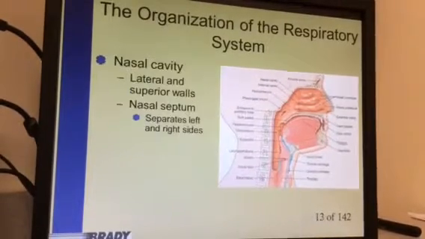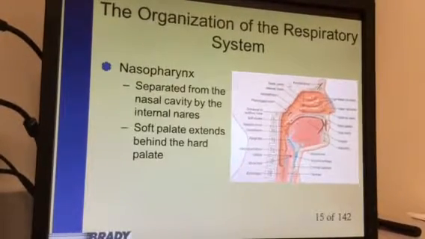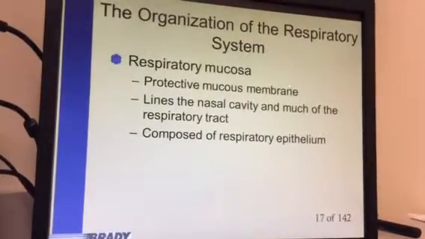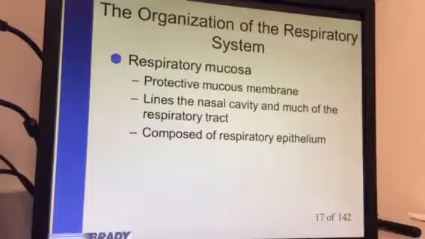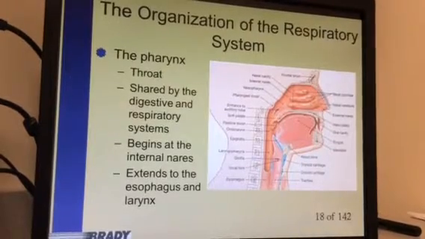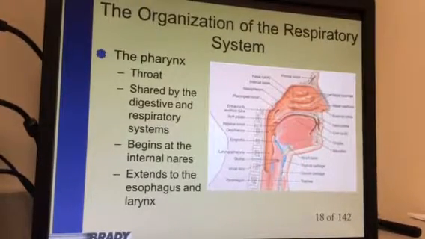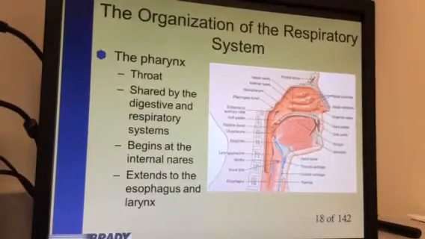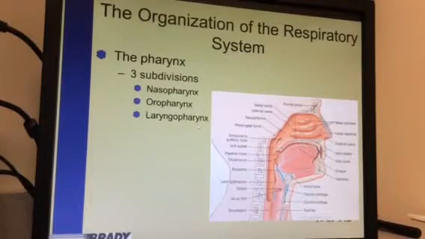So that's really our setup on here, and that's what these pictures are going to continue to do. So we have a respiratory mucosa, which is basically this protective membrane that goes through the nasal cavity, and that epithelium I talked about, basically up in this area, catches debris and anything else floating in there, smoke and that, to keep that as a filter system out of our respiratory system.